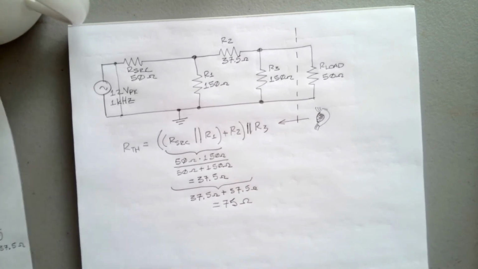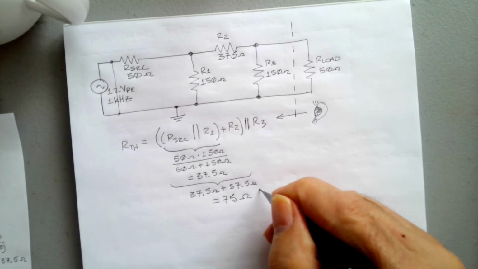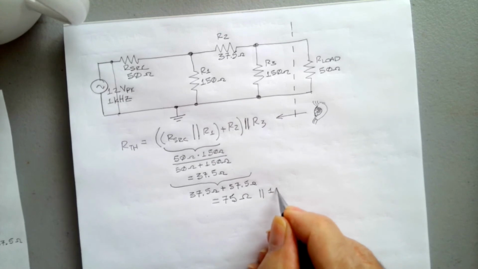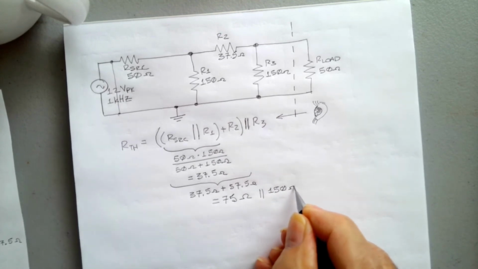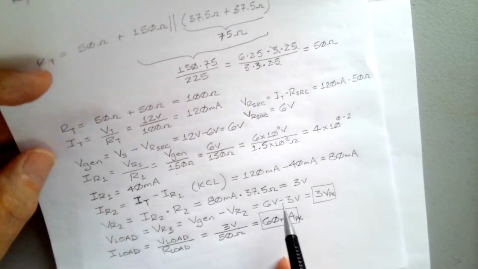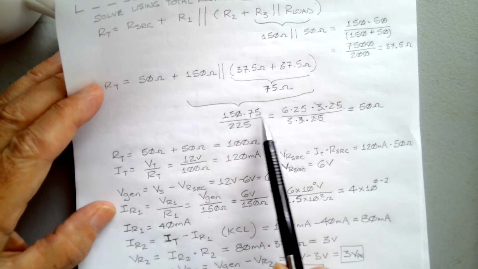And then we're going to put that in parallel with R3, which is 150 ohms. When we did that previously, we put 150 in parallel with 75.